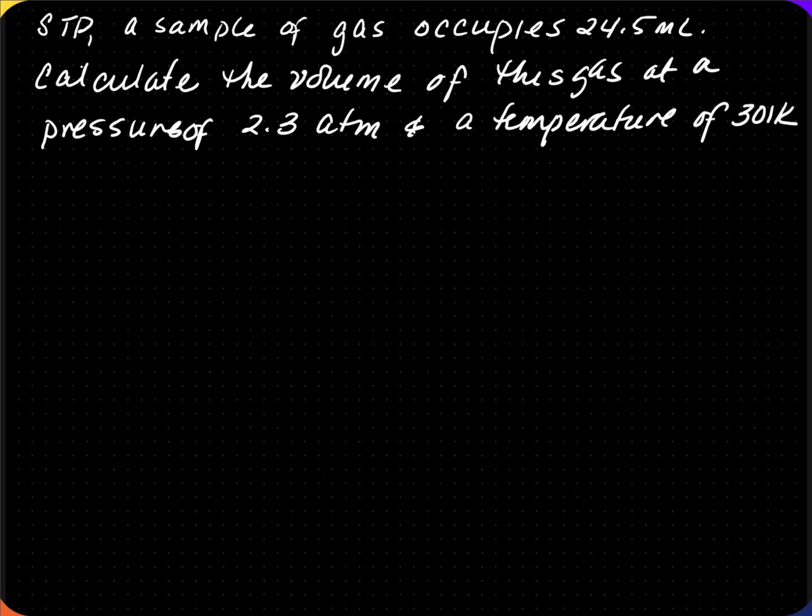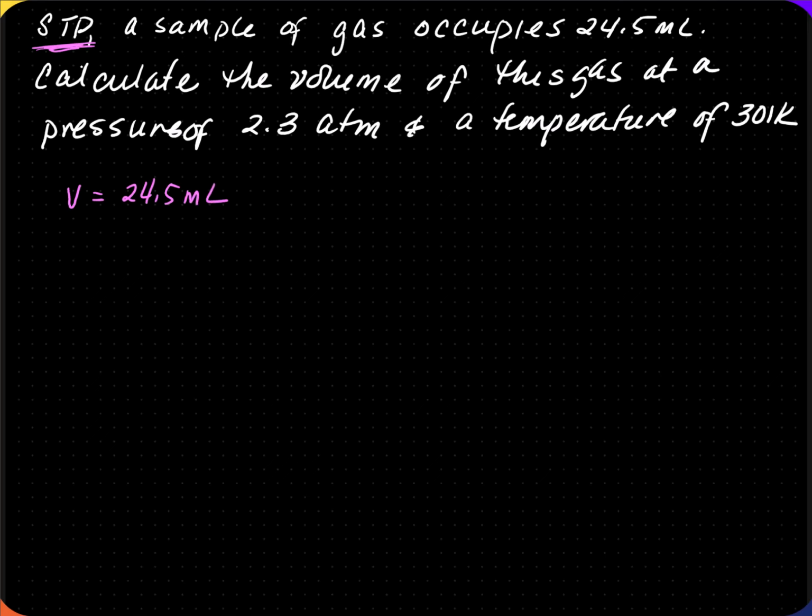So let's get to this first problem. We're going to identify the variables. If it's at STP, standard temperature and pressure, we're going to identify these variables later because we want to know what the current units are so we have less work in conversions. So if I look at a sample of gas, it occupies a volume of 24.5 mLs.